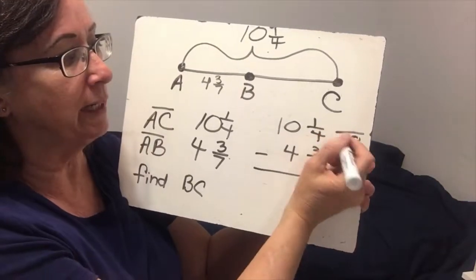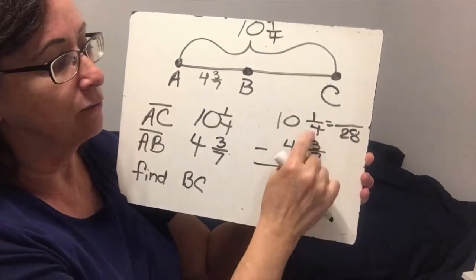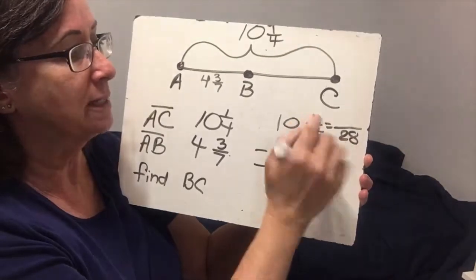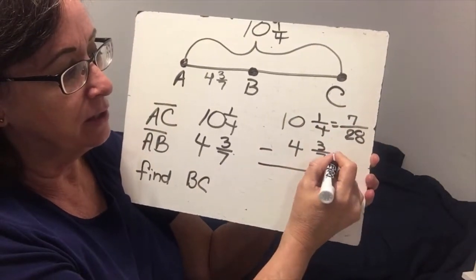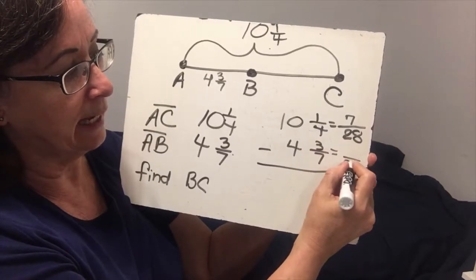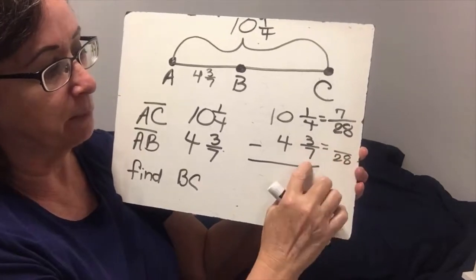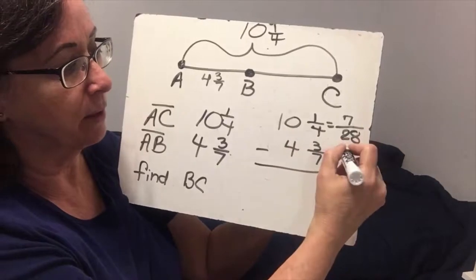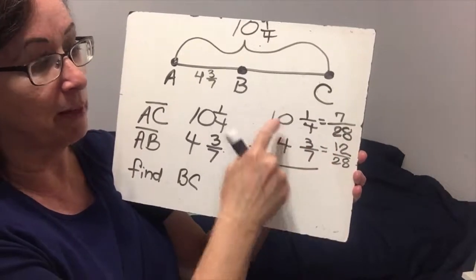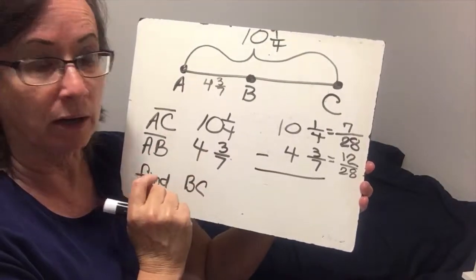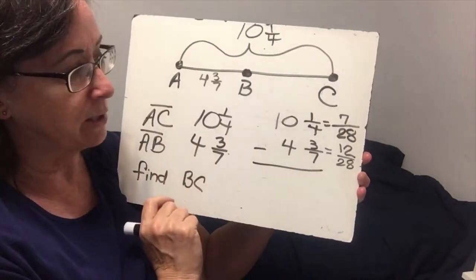I'm just going to rename the fraction here. So 4 times 7 is 28. 1 times 7 is 7. And then 7 to get to 28, I'm going to have to multiply by 4. 3 times 4 is 12. Because I'm out of room, I'm not going to rewrite the 10 and the 4. So hopefully you understand what I'm doing here.